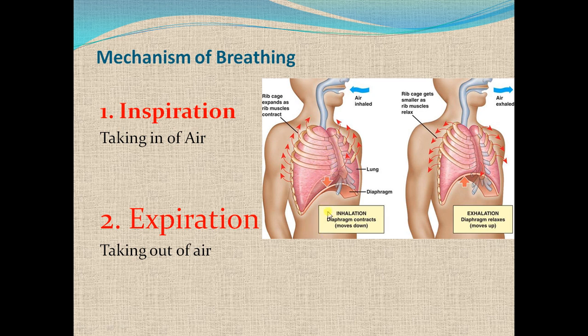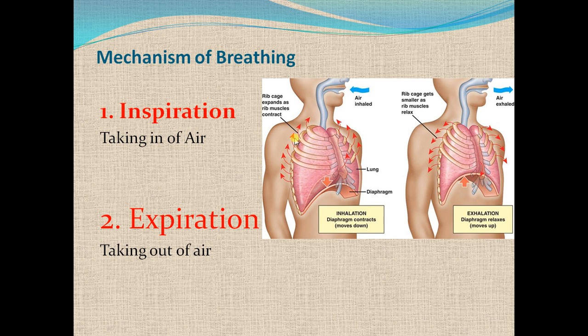So, between these two cavities there is a muscular partition, and that is called diaphragm. This muscular diaphragm and the intercostal muscles of the ribs help in inspiration and expiration. So, first of all let's discuss how this intercostal muscle and diaphragm help in the inspiration, taking in of the air.